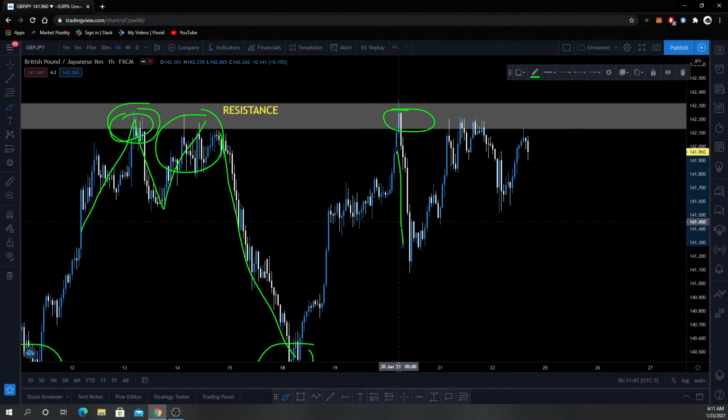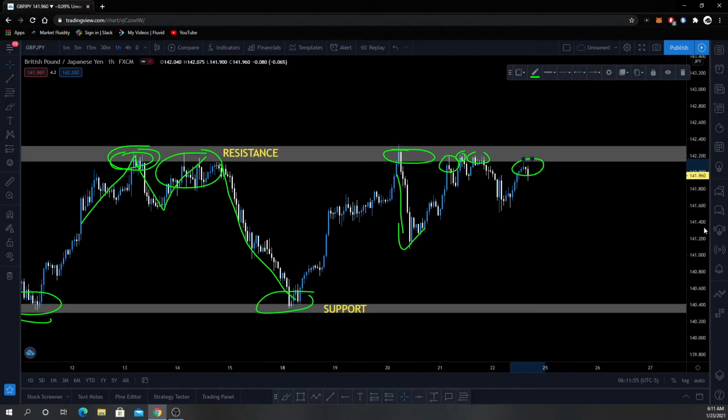Price went down, and then went back up again, tried to break, failed, and failed again. So when you have these confirmations that tell you this level is very strong, you have to be worried that if you take a buy and price is heading near this level, the market would bounce off to the opposite direction, opposite of where you are.